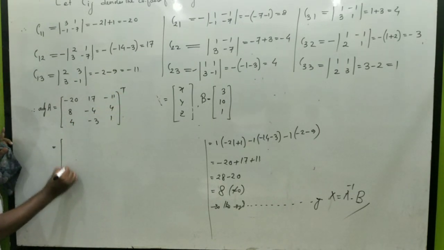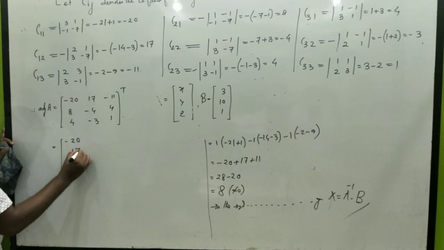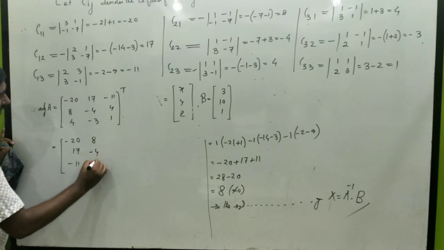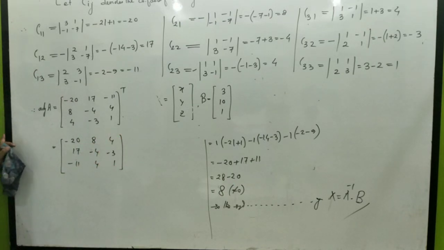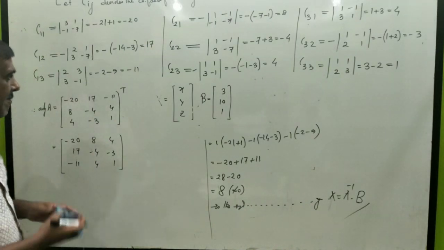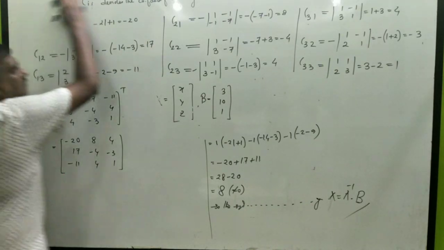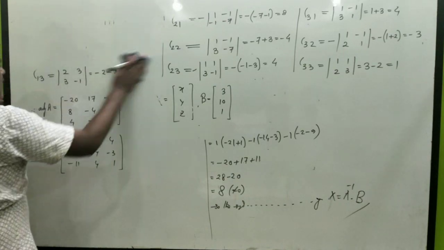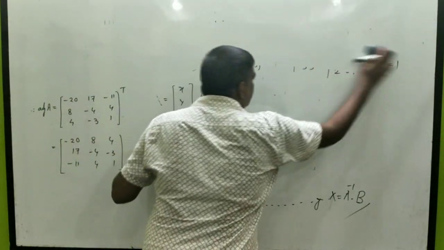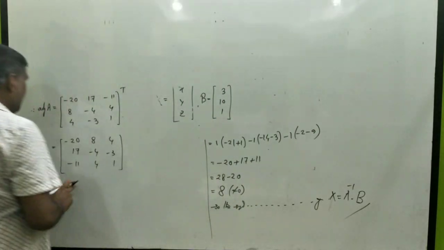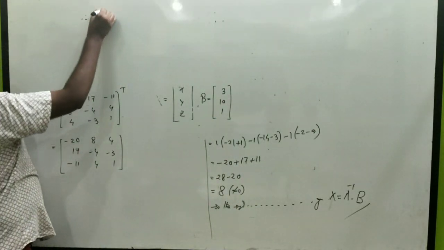So we get minus 20, 17, minus 11; 8, minus 4, 4; 4, minus 3, 1. Adjoint A is ready.